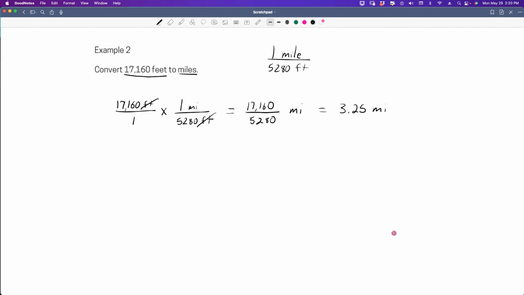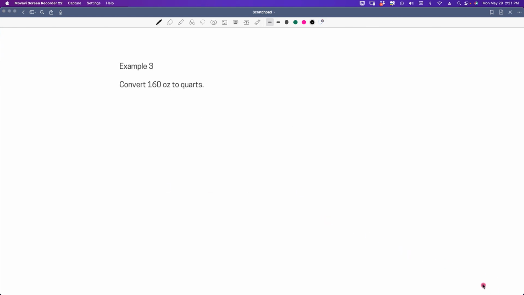Let's do the last example problem. So here we're converting ounces to quarts. So I need to have the unit of measures that will take me from ounces to quarts. So since ounces are smaller, we're going to start there and work our way up to quarts. So I can go from ounces to 1 cup. So 8 ounces is 1 cup.